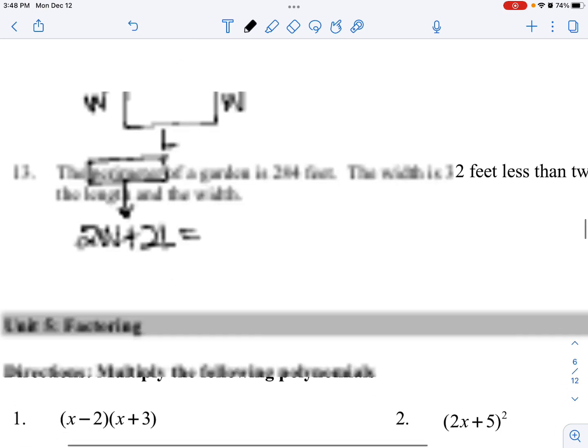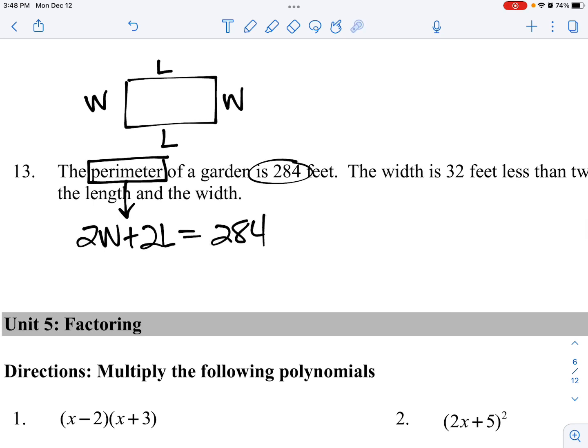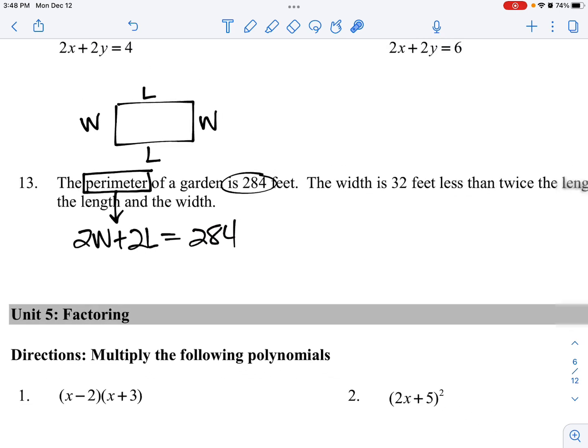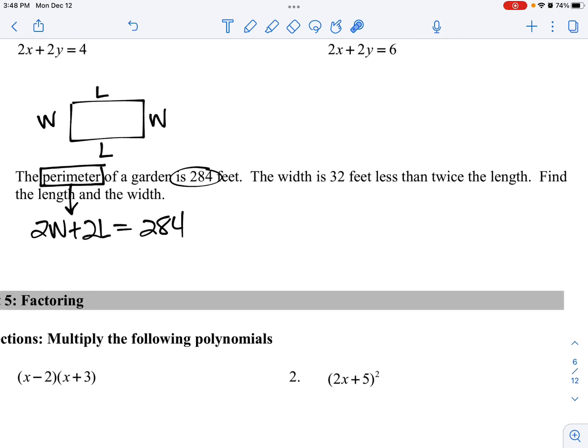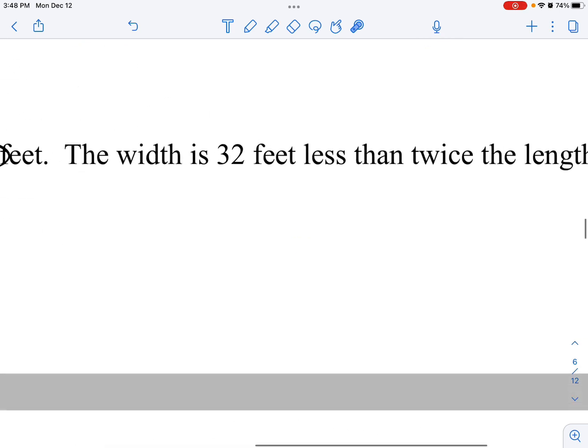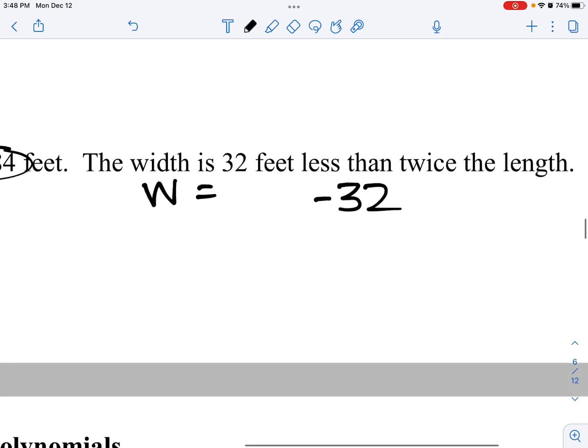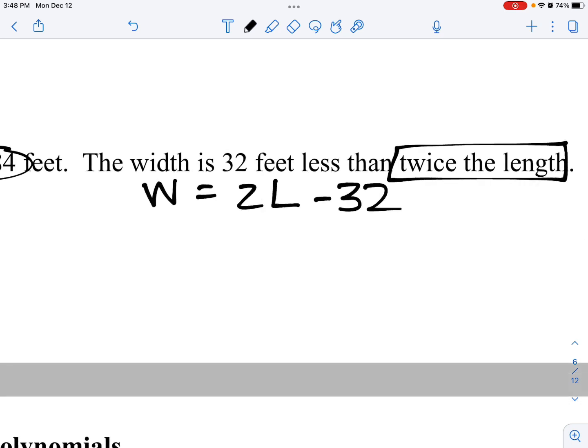So that's my first equation. When you see perimeter, write this, and then set it equal to whatever number they give you. And then I have to write an equation. Oh dear. The width equals 32 feet less, so that means minus 32, twice the length, that means 2L.